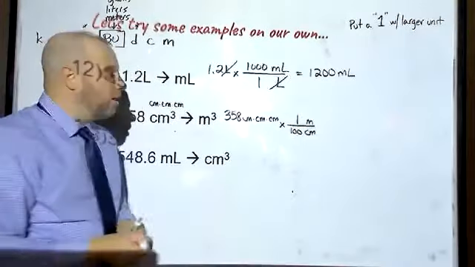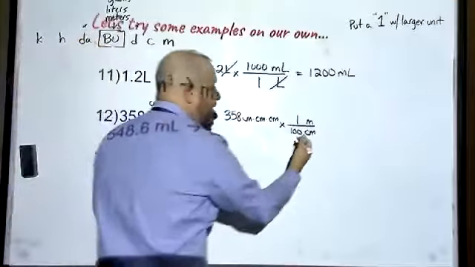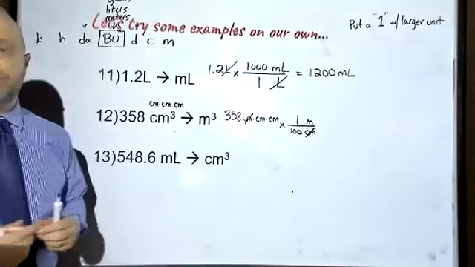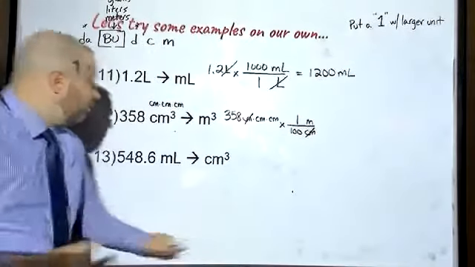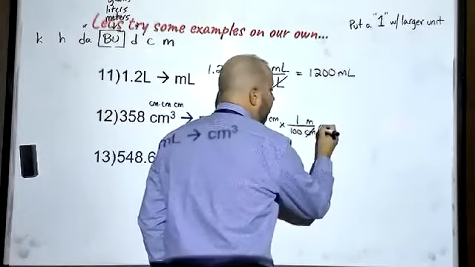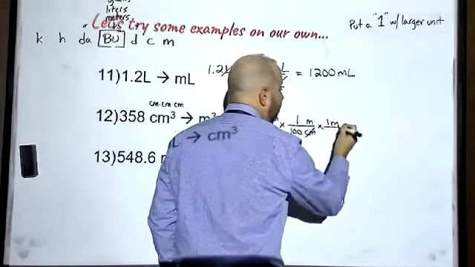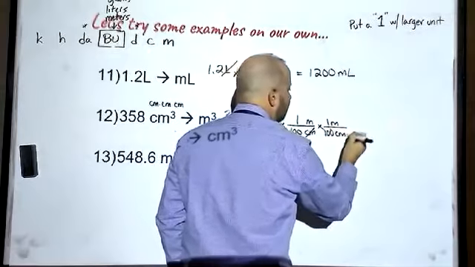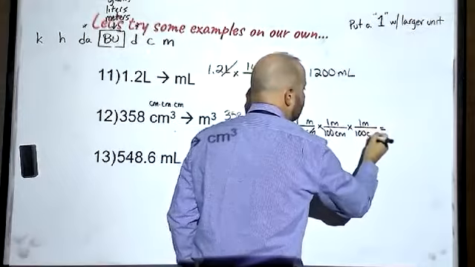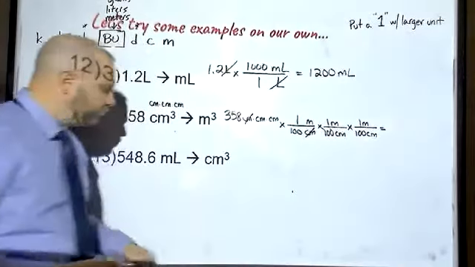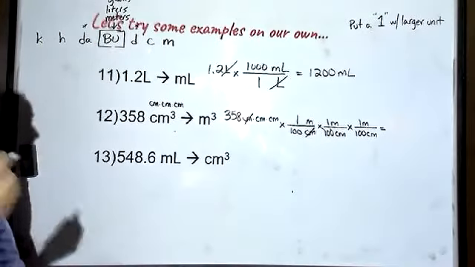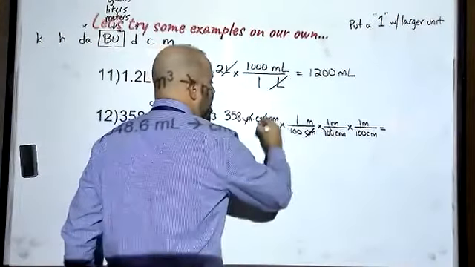When I divide by 100, which is what I would do here, that only crosses out 1 of my centimeters. So when you have a unit like this, which is cubic, you have to set up that conversion so that the conversion is also cubic.